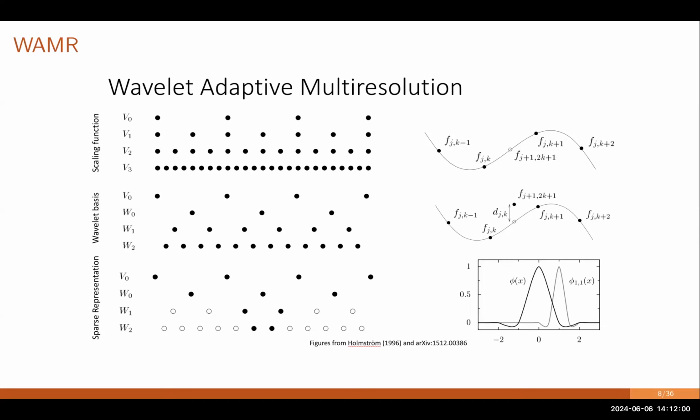The wavelet computes the error that occurs if you want to construct, let's say, the V3 solution from the V2 information. If you have information on the V2 grid and you want to construct information on the V3 grid, what kind of error do you make? If that error exceeds some specified tolerance, that means we need to keep this V3 level. Otherwise, we can get rid of this V3 level, and if we need it, we can reconstruct it from the V2 level. So that's the basic idea of the wavelet refinement.